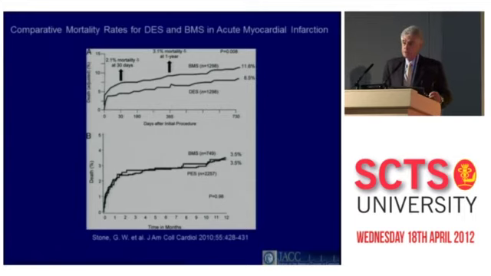It was a retrospective, as all propensity analyses are, study of bare metal stents versus a paclitaxel drug-eluting stent. And in the propensity analysis, you can see, shown up top, that there appears to be a substantial mortality difference when these are used for the treatment of acute myocardial infarction. And on the basis of that study, a large prospective randomized trial was initiated by a pharmaceutical company. It cost millions of dollars.